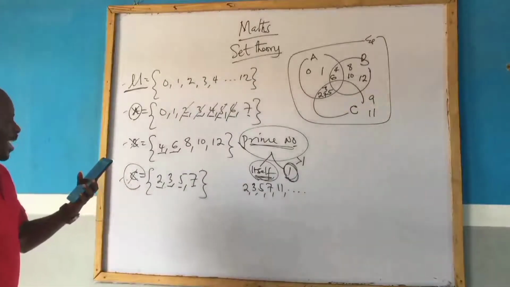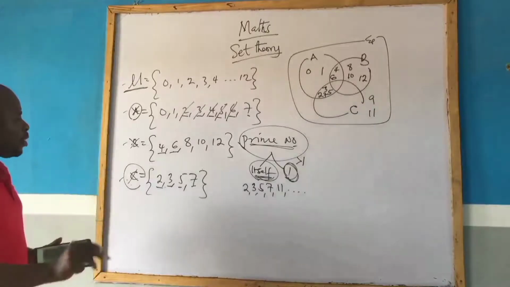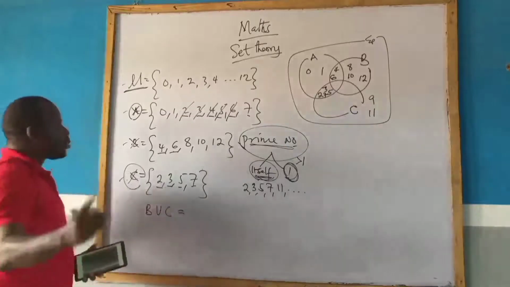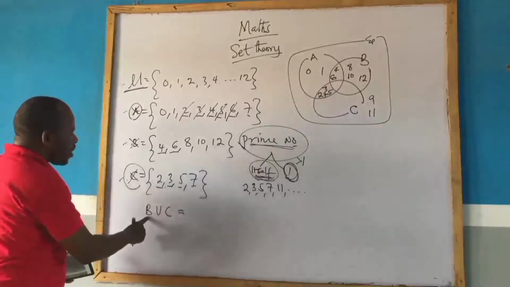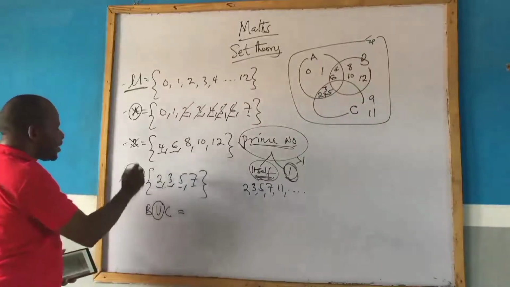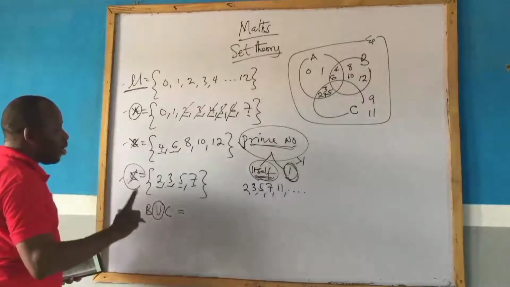But that is not the end of the question. Another question says we should find B union C. Now, I told you that if you're looking for union, it means you will list the elements in B and C, but you will not repeat any of the elements.